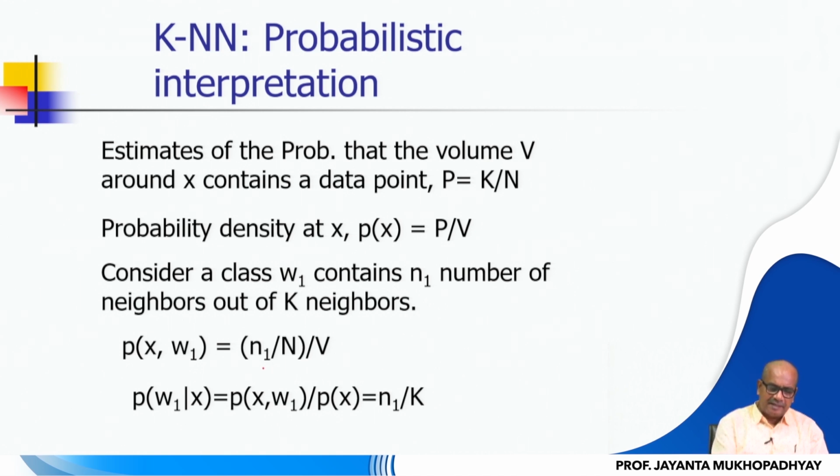We are not explicitly estimating this by those computations, but you can have this probabilistic interpretation: the number of representative samples of a class within the k nearest neighbors, divided by k, gives an estimate of the probability of that class given x, which is called the posterior probability, and whichever is highest you take. That is why the maximally occurring class is assigned.